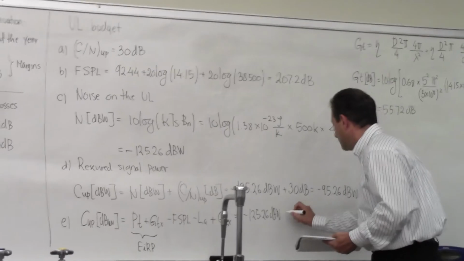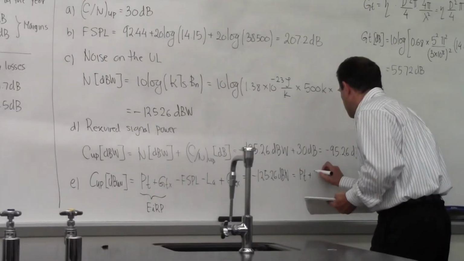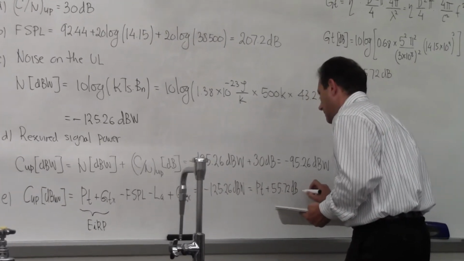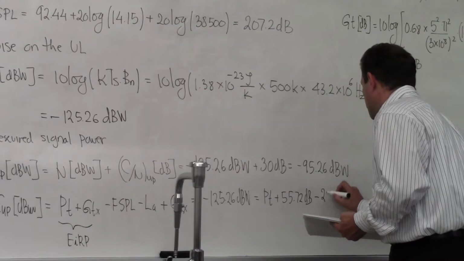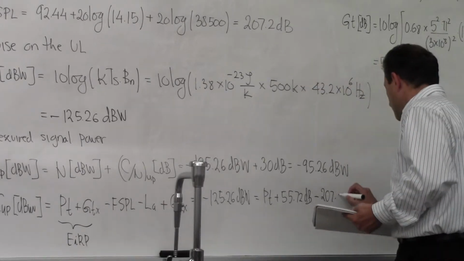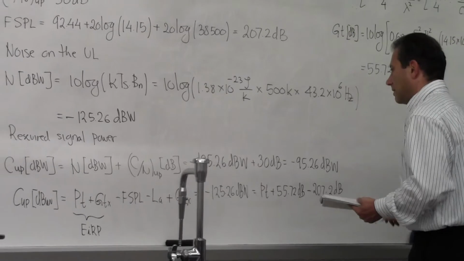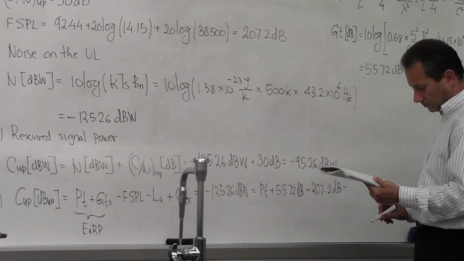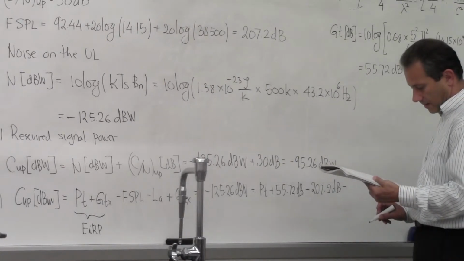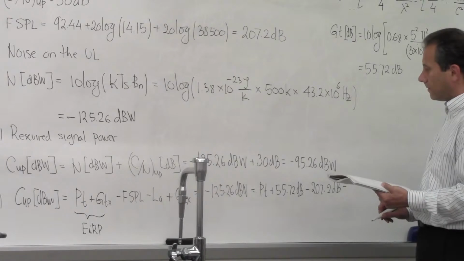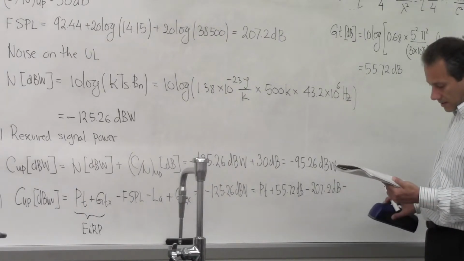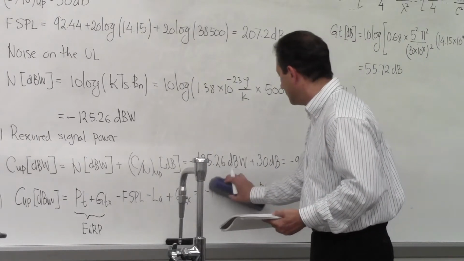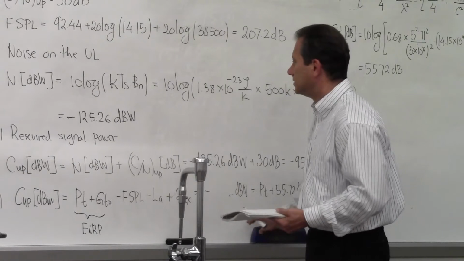That's your C uplink, equal to the transmit power plus this gain, which is 55.72 dB, minus free space path loss, which is 207.2 dB, and then minus LA, the additional losses, right? Yeah, but let me, I messed up here somewhere. This is not 125. What should this be? 95. Yeah, there you go. It is this value here.